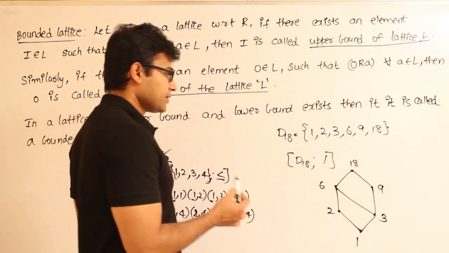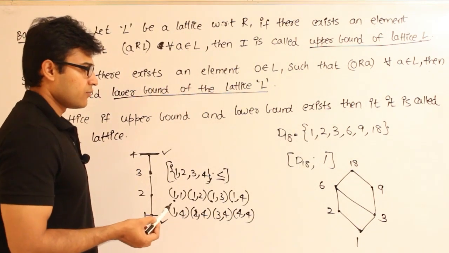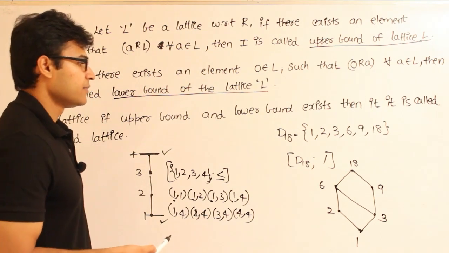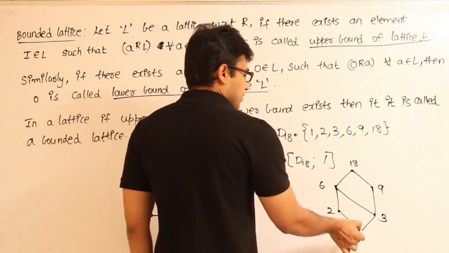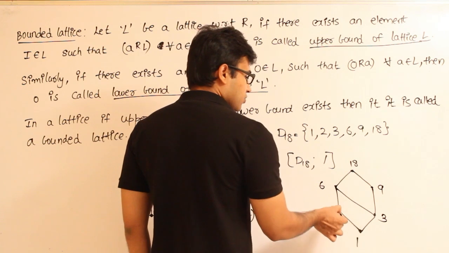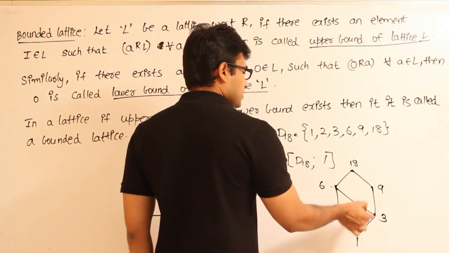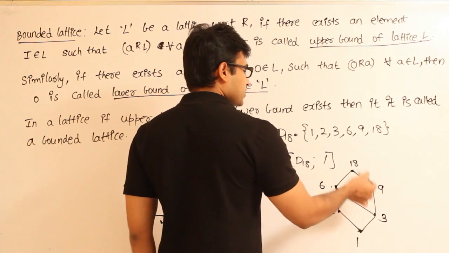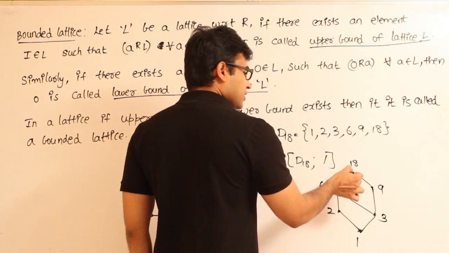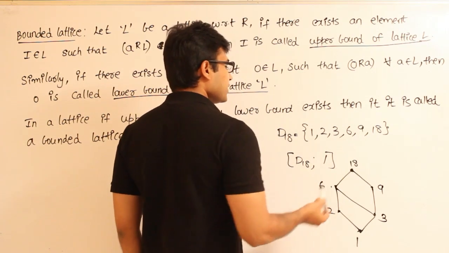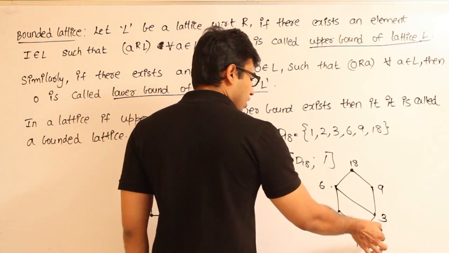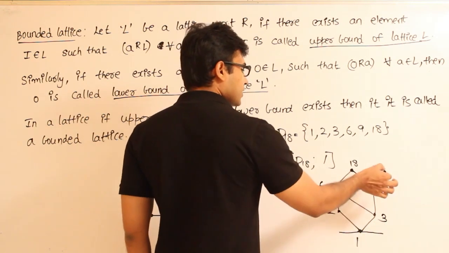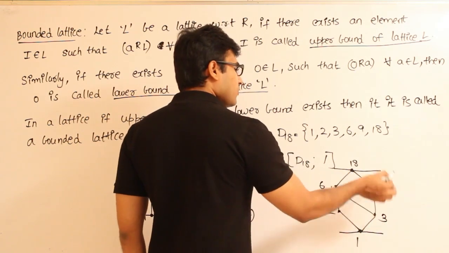Now if you look at this diagram, there is one element which is related to all the other elements, right? This one is related to 2, 3, 6, 9 and then 18, which means there is a path, and there is one other element to which all the other elements are related. That is why this is called the lower bound and this is called the upper bound of the lattice.